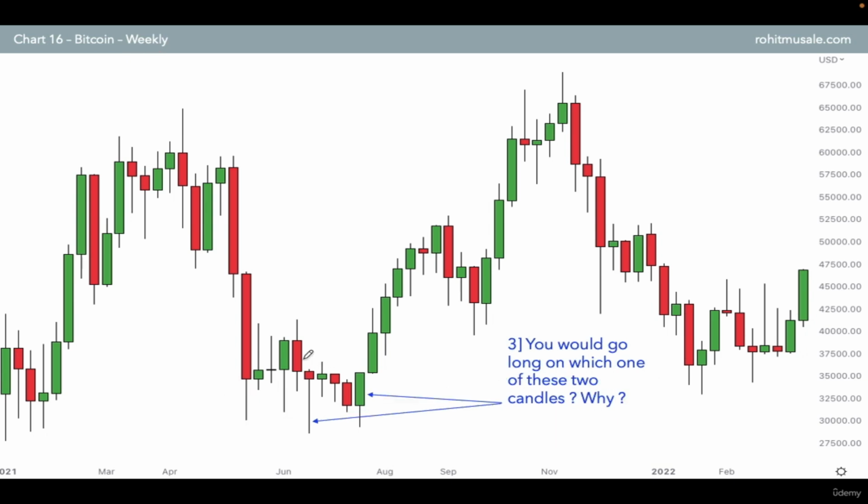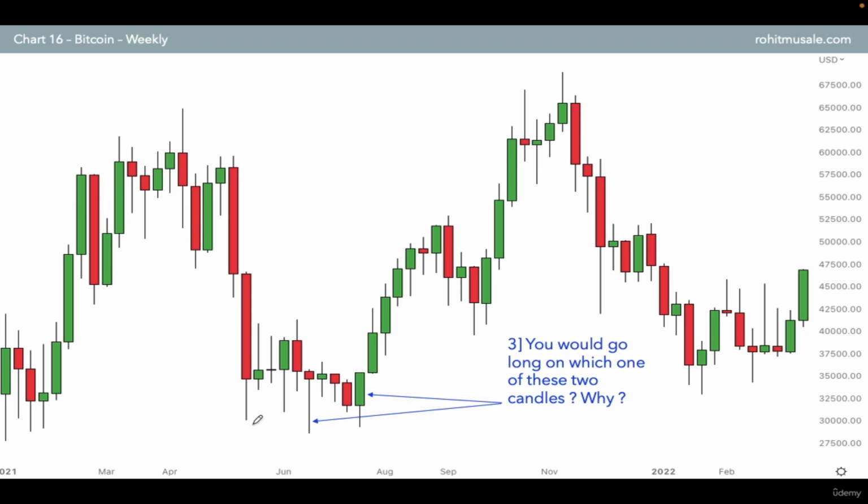So third, you would go long on which one of these two candles and why? See, I don't consider that as a real support since it is not a pattern or it's not a pivot high. Pivot low means something like this. The price comes down and then it goes up. That becomes a support. So in this case, I don't see that happening.